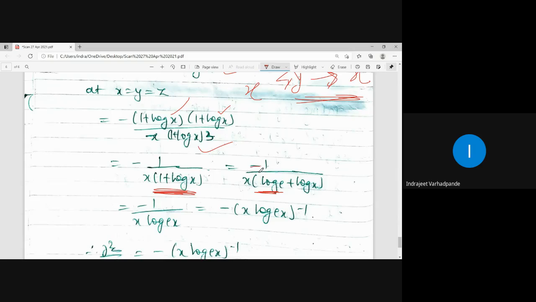So minus 1 upon x into log e plus log x. Log m plus log n is log mn. So it becomes log ex, minus 1 upon x into log ex. And take this bracket to the numerator by raising the power as minus 1, and you get the desired result.